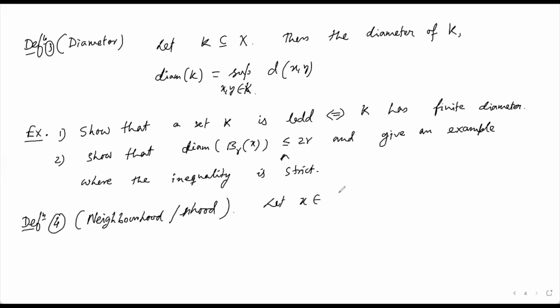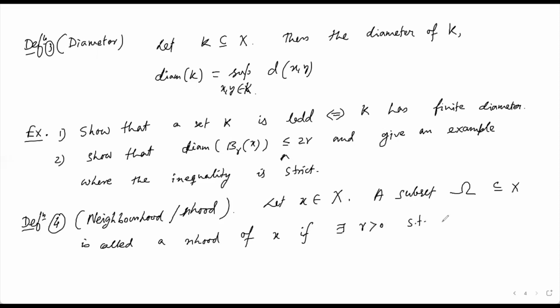Let x belong to a metric space X, then a subset omega of X is called a neighborhood of x if there exists some positive real number r, small enough, such that the ball with center at x and radius r is contained in omega.